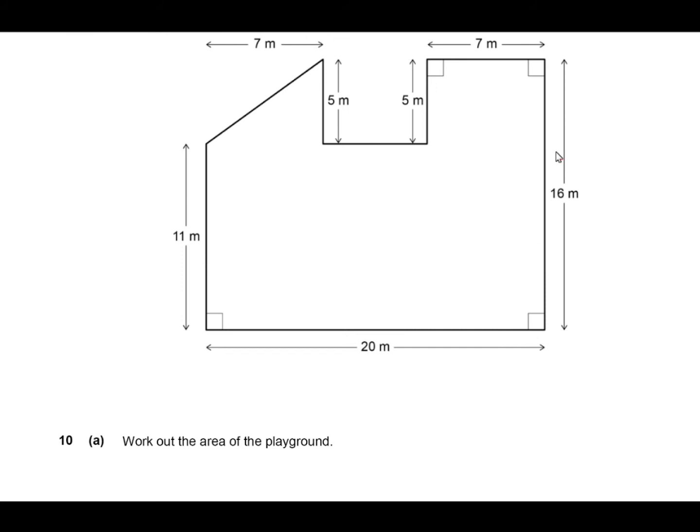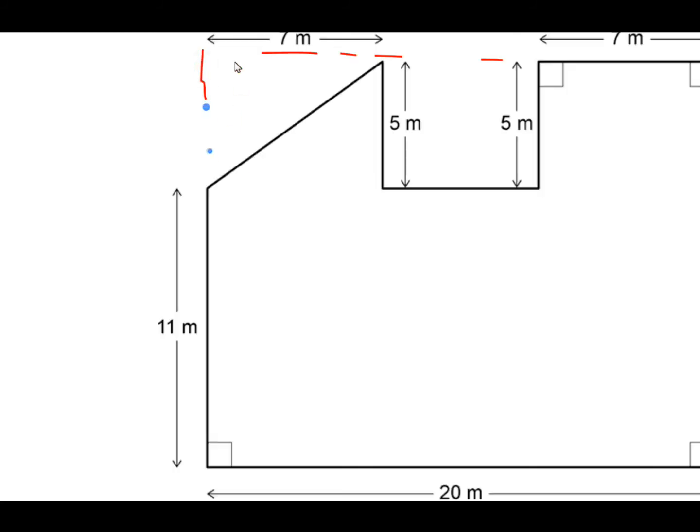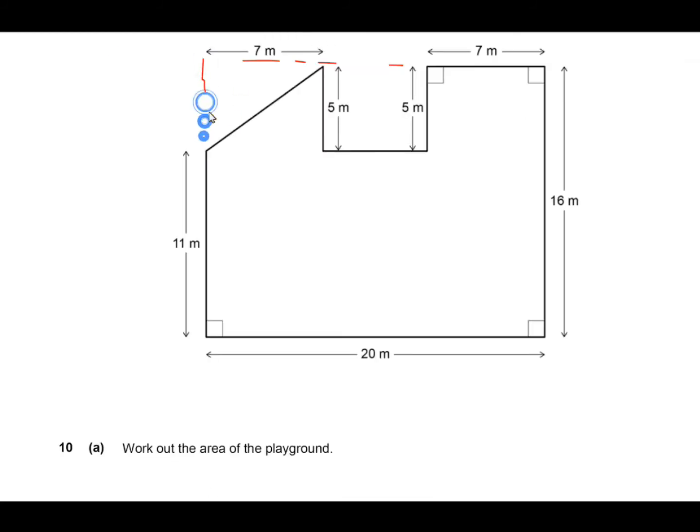So let's look at working out the whole of the rectangle. So if we extend it and we work out the area of our complete rectangle, it would be 20 meters times the 16 here.